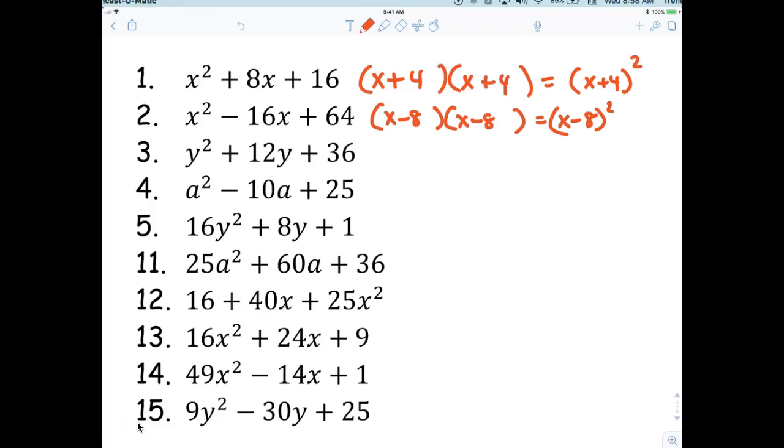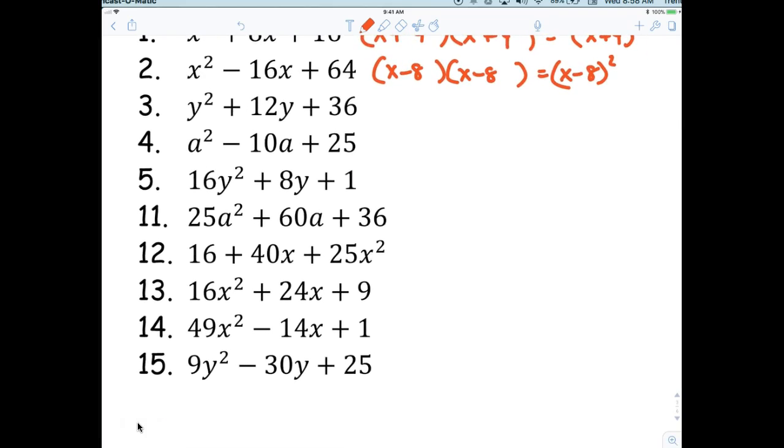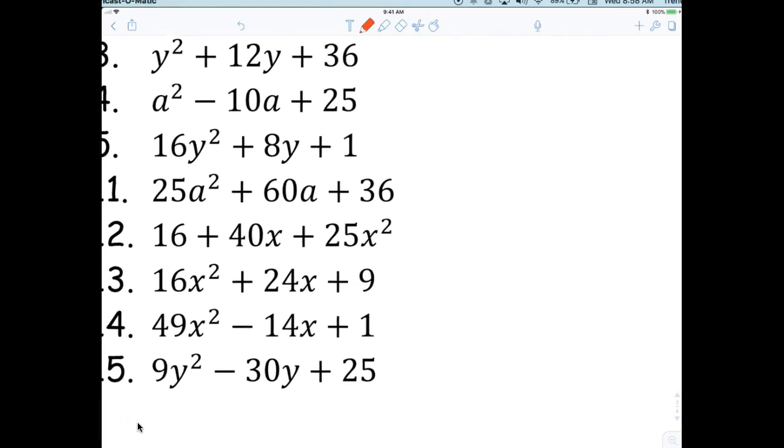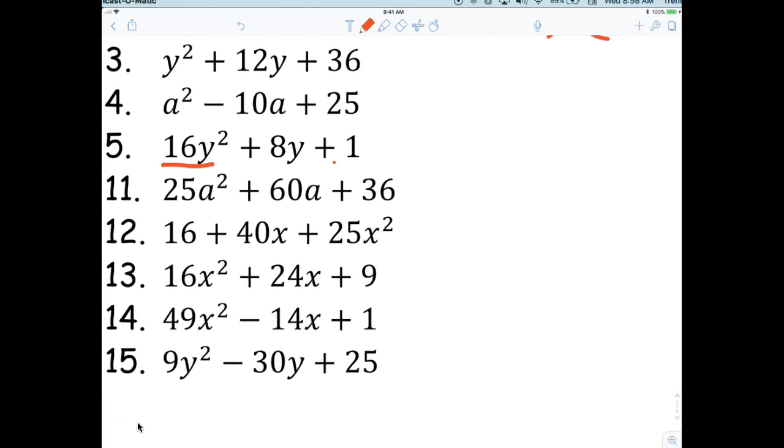Because we spent so much time, I'm going to jump down to number 5. How do I recognize these are perfect squares? Because the first and last are both perfect squares. So this one will be 4y plus 1 times 4y plus 1, which is 4y plus 1 squared.